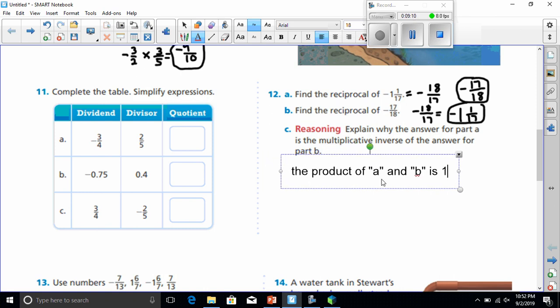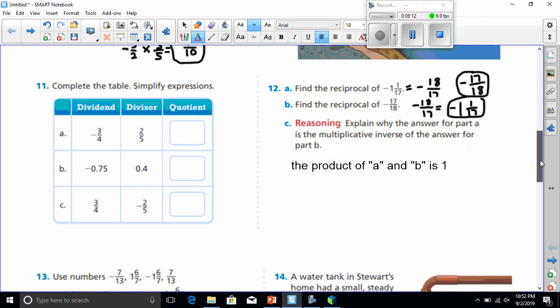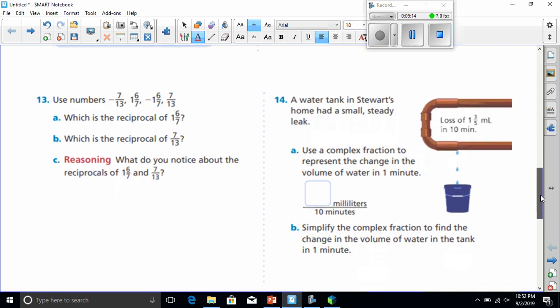Okay, that's why. All right, we're off to number 14 now.